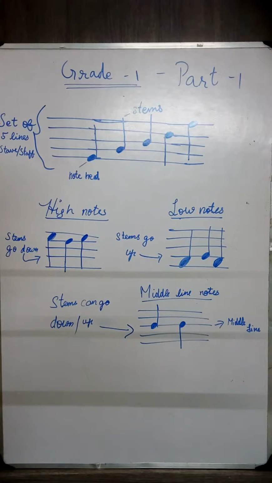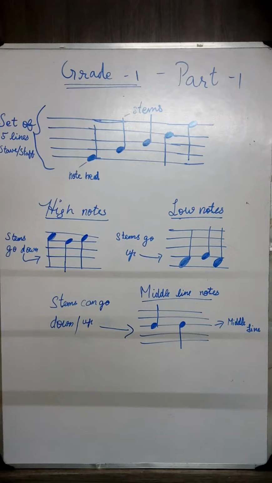Third, write 3 note heads on the third line up from the bottom. Then write 3 note heads on the first space. Well, you would have understood the meaning. Maybe you might have not understood.